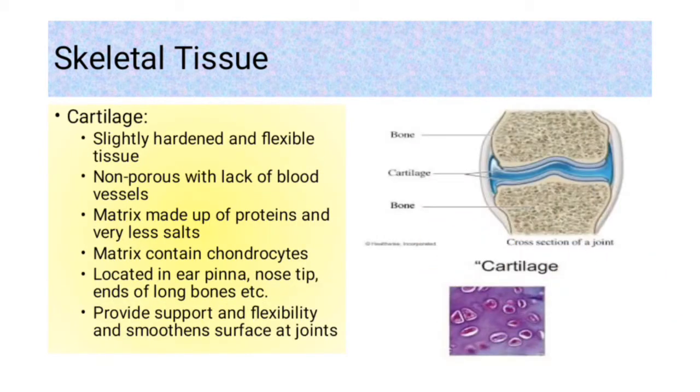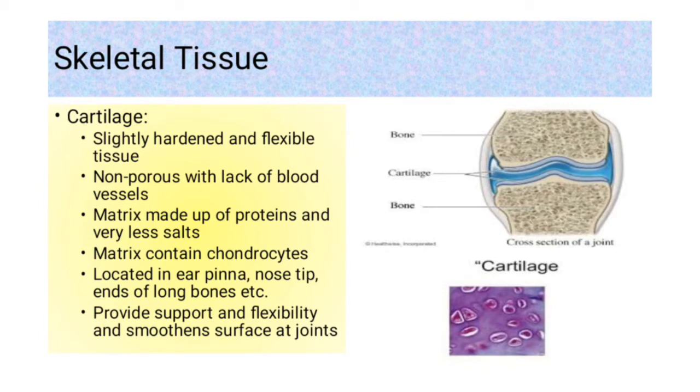Now the second type of skeletal tissue is cartilage, which is slightly hardened and flexible, non-porous, and lacks blood vessels. It is made up of proteins and very few salts. The matrix contains chondrocytes, the cells present in the cartilage along with the lacunae.